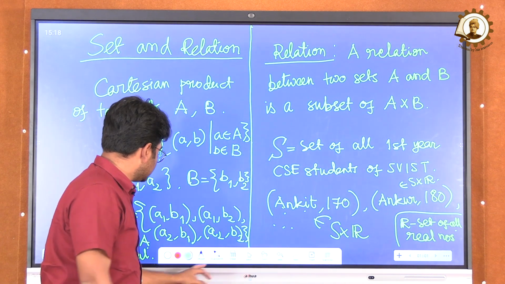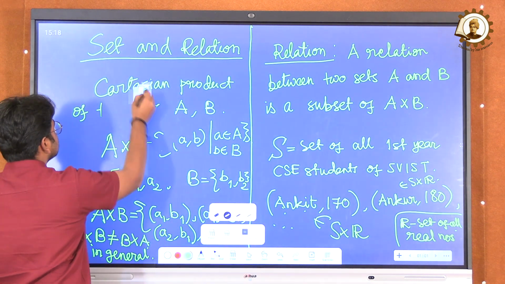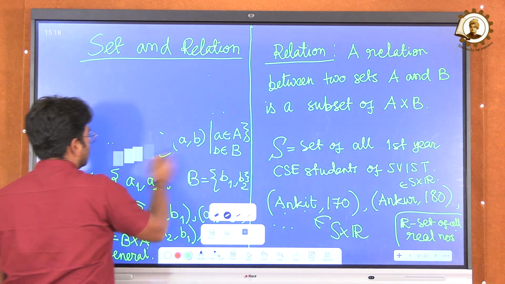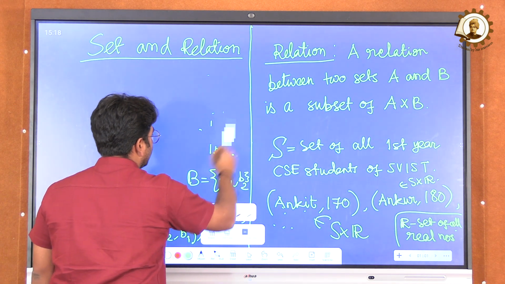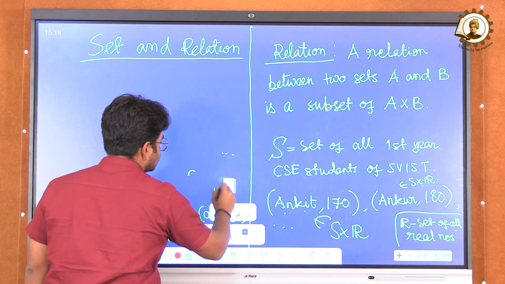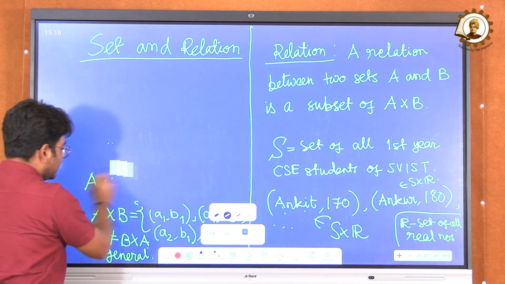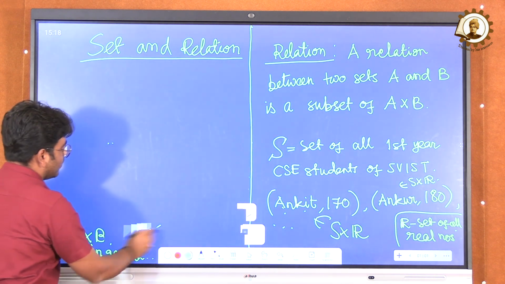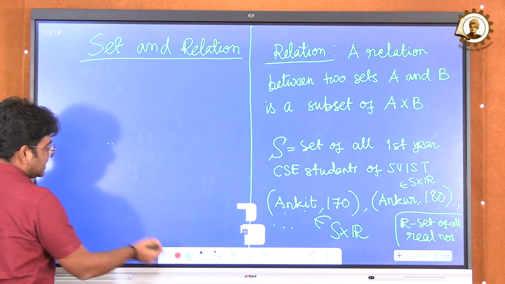This means the data of heights of first year CSC students gives a relation between the set S and the real numbers.